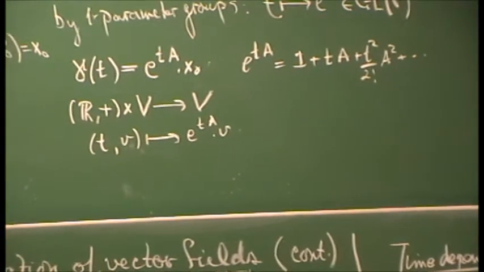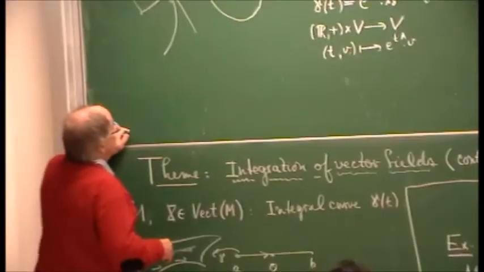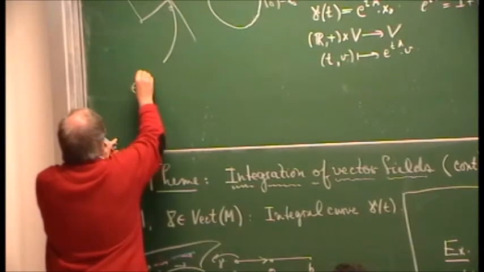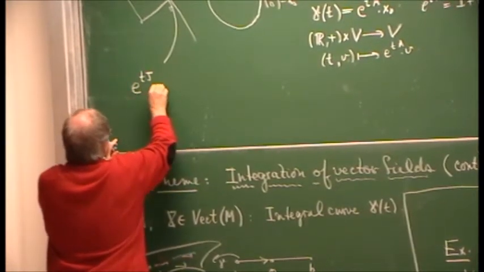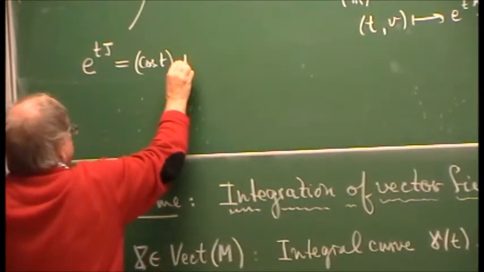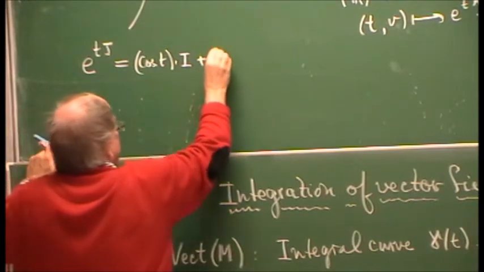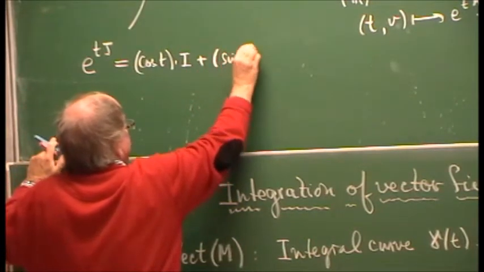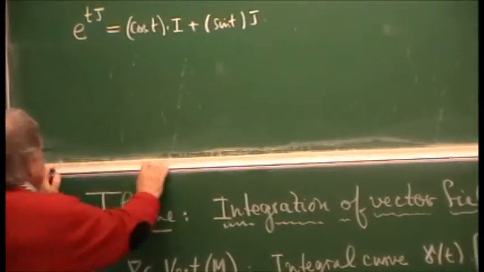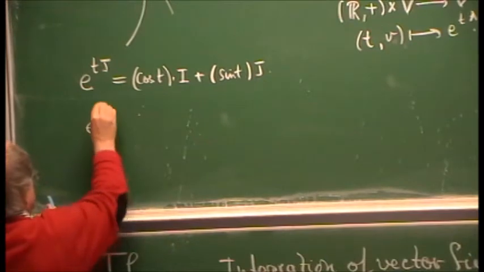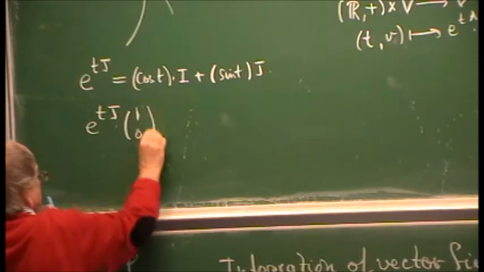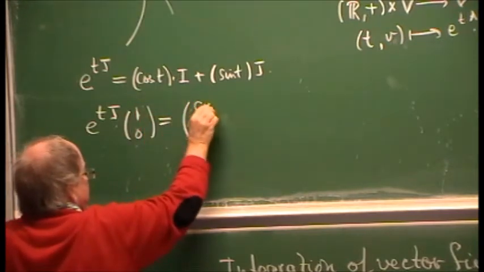Okay, and then last time I computed this out. Let me see if I can do it by memory. e to the Jt is cosine t times the identity plus sine t times J. And that means that if you apply it to that base point above, so the base point x0 is 1, 0, what you're going to get is cosine t, sine t.